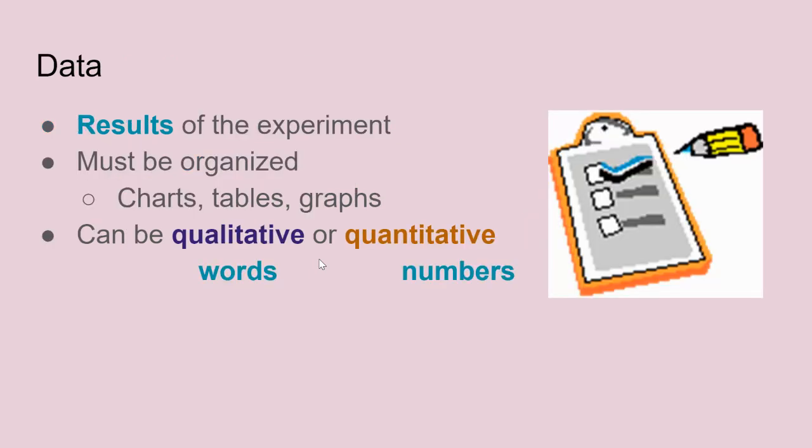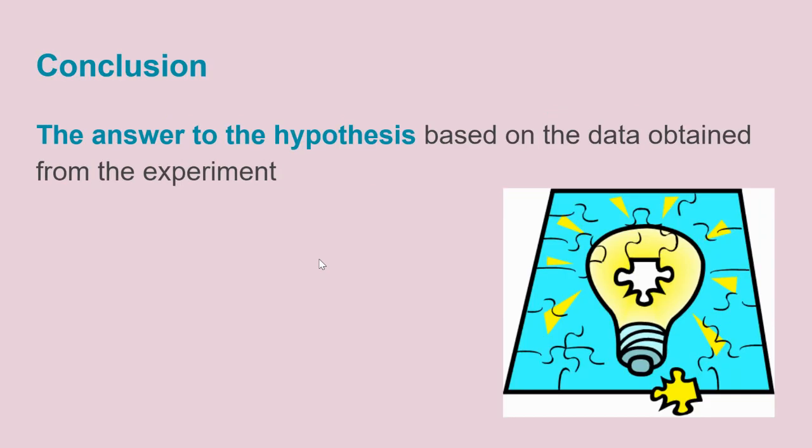Data. Results can be collected and it can be shown in charts or tables or graphs, but results are either going to be qualitative, which has to do with qualities or words, or it could be quantitative, which has to do with numbers. Once you have your results, you're going to make a conclusion.